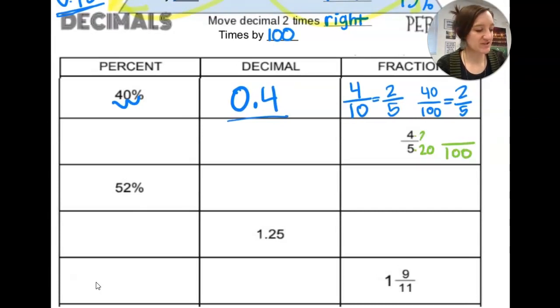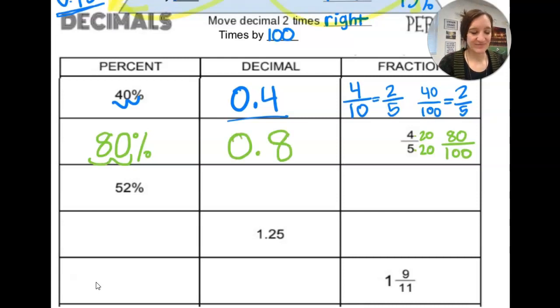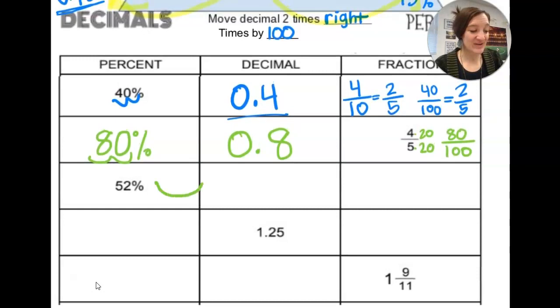So I'll times the top by 20, and that gives me 80. So 80 over 100 is 80%. And then if I just scoop it twice, I get 0.8.